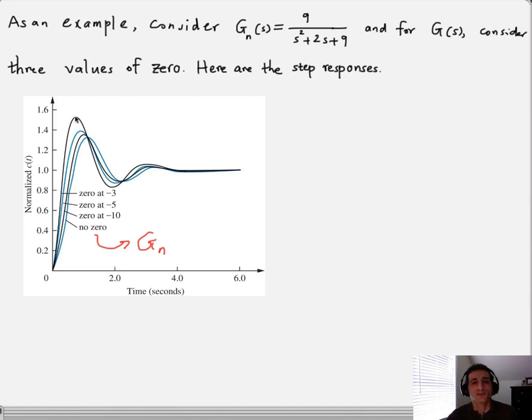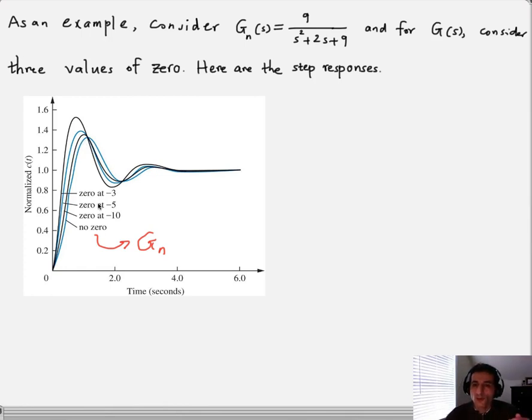So the conclusion that you can arrive at here is that if the location of the 0 is just too far away from the location of the pole, meaning that if the value of a is just too large, your response is going to be very similar to the response of the system Gn with no 0.